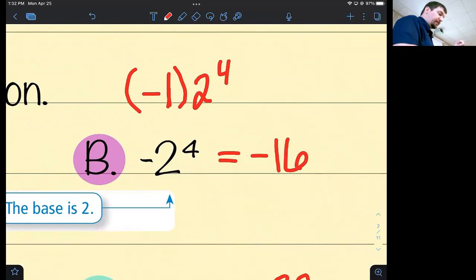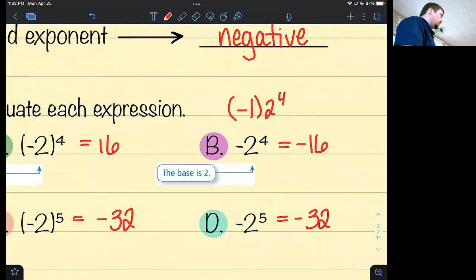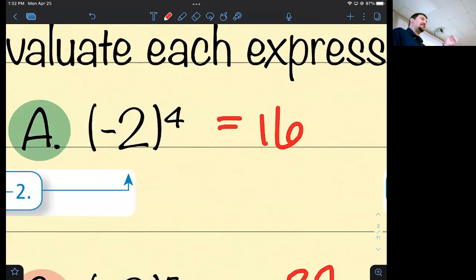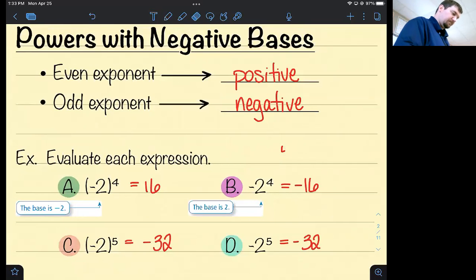Now, if I put the negative in parentheses, the exponent sees it, so there is no extra step. It's just going to make it positive.